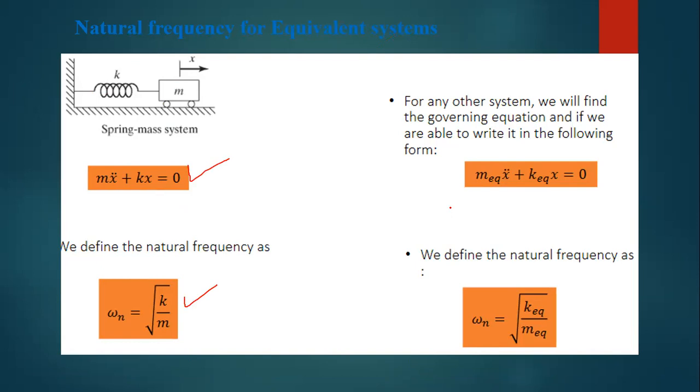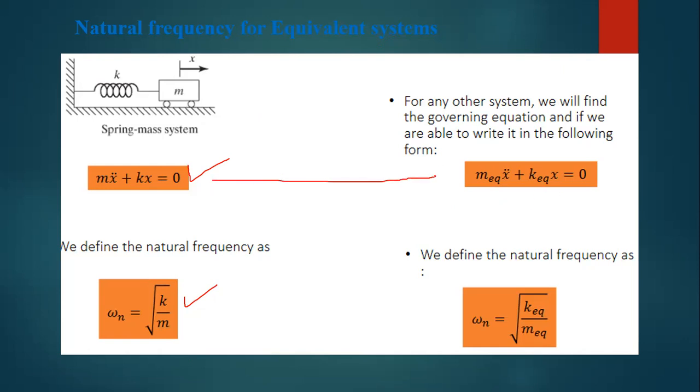When we say equivalent, there may be a mass of the spring considered. In a simple assumption, the mass of the spring is not considered. But if you consider the mass of the spring material, then we have to consider an equivalent mass. Again, here it is only one spring, but sometimes springs come in parallel or in series, then we need an equivalent spring.